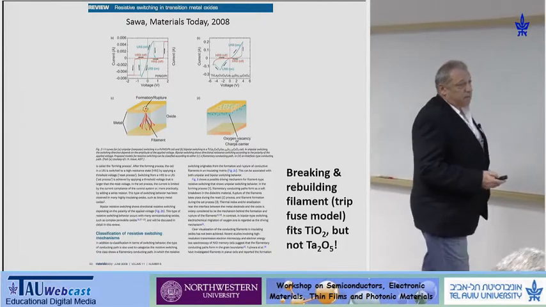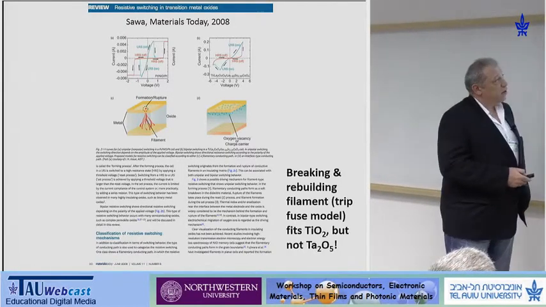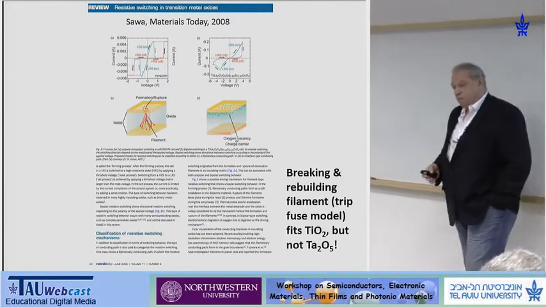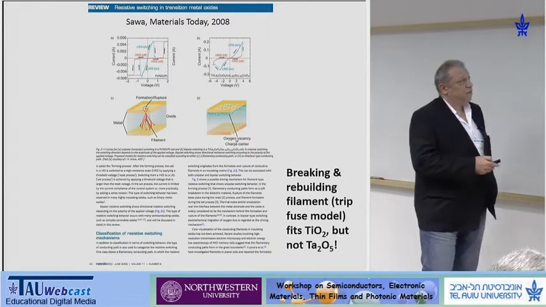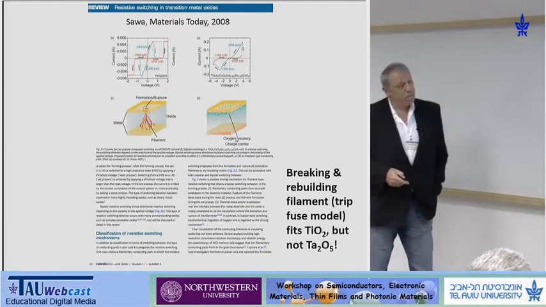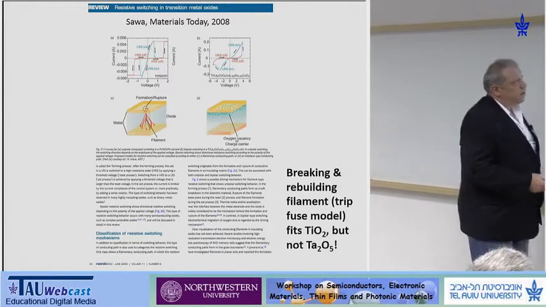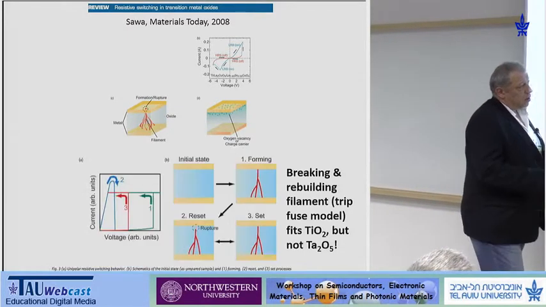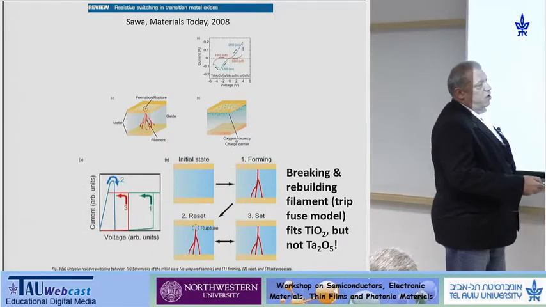And the idea behind this is that not the entire insulating oxide layer becomes conductive, but under the influence of the biasing, some so-called conducting channels are formed during the electroforming step. This is the forming step, so we have a conducting channel.